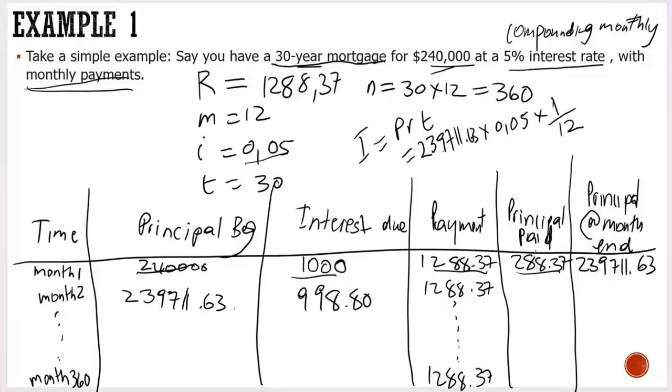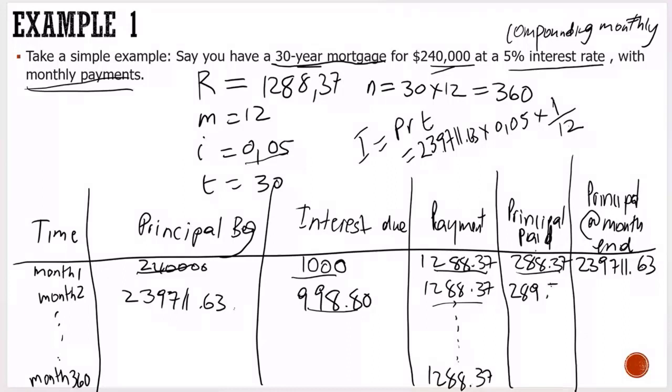For the principal paid, you are going to have your payment minus this amount, which is going to be 289.57.